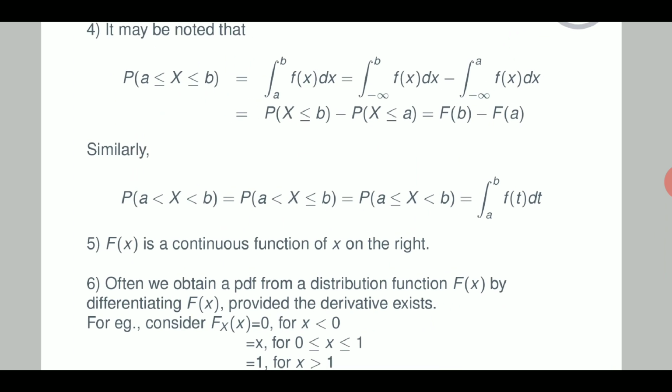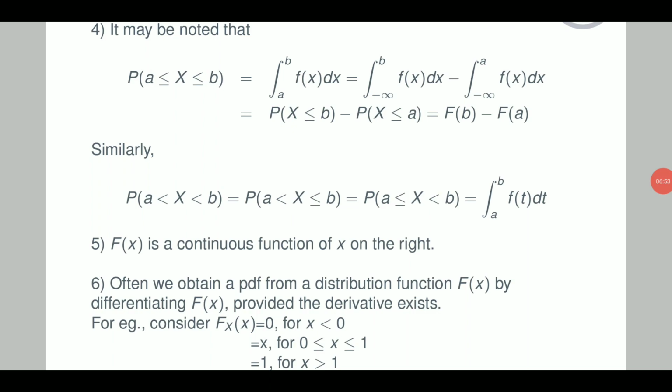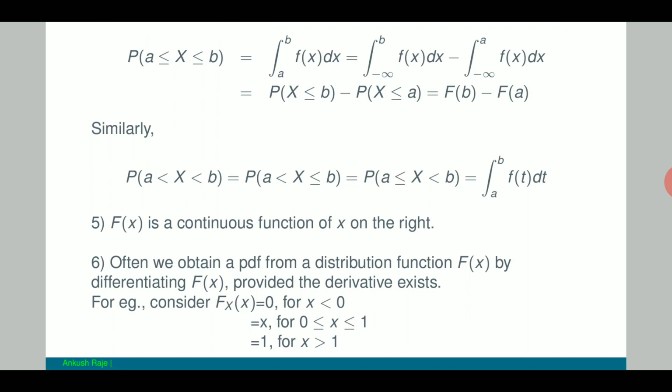So be careful. We often obtain a PDF from a distribution function F(x) by differentiating F(x), provided the derivatives exist. What they are saying is that whenever you differentiate the distribution function, you get the density function. Beautiful result, provided the derivatives exist, obviously.